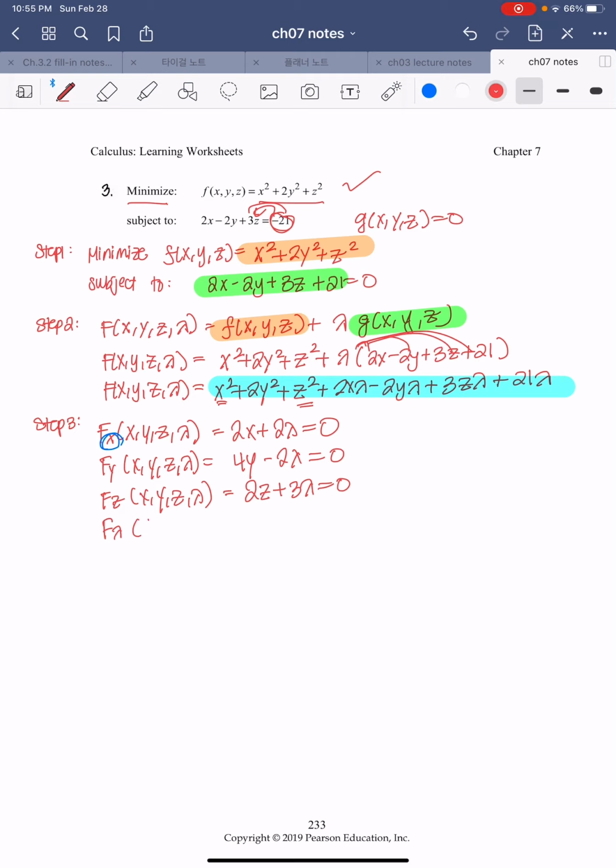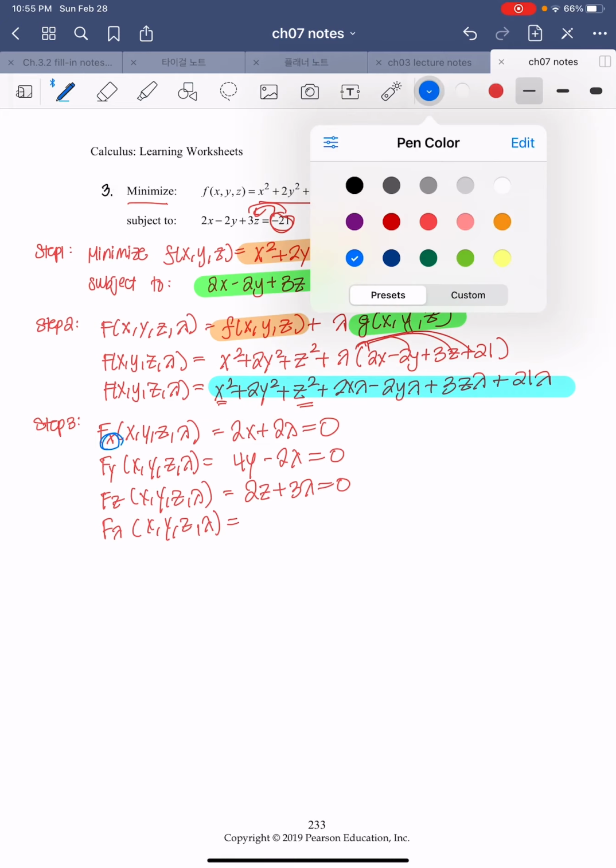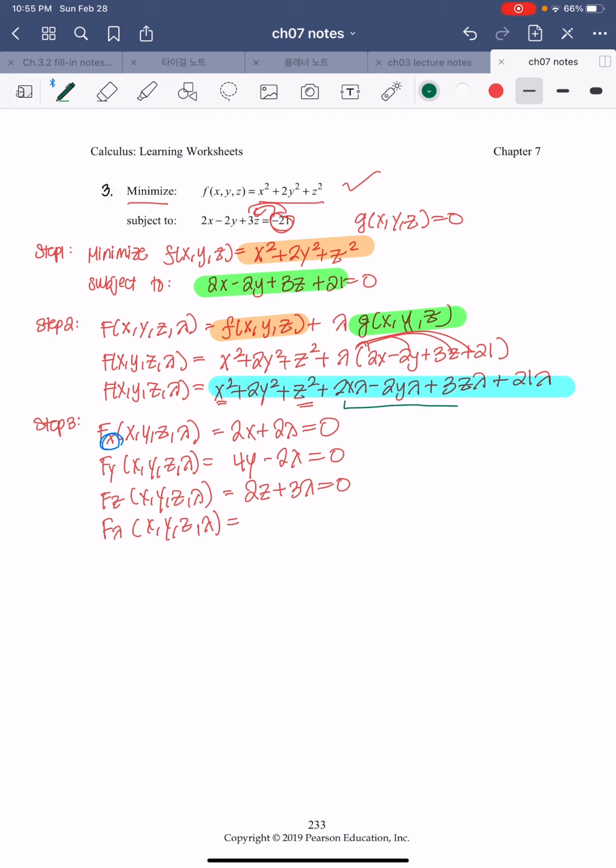Last one is lambda, so the x, y, z terms are constant, only lambda is the variable. So this one disappears, this one disappears, this one disappears. And then the last term is the term that I need to differentiate. So let's start with the first one.